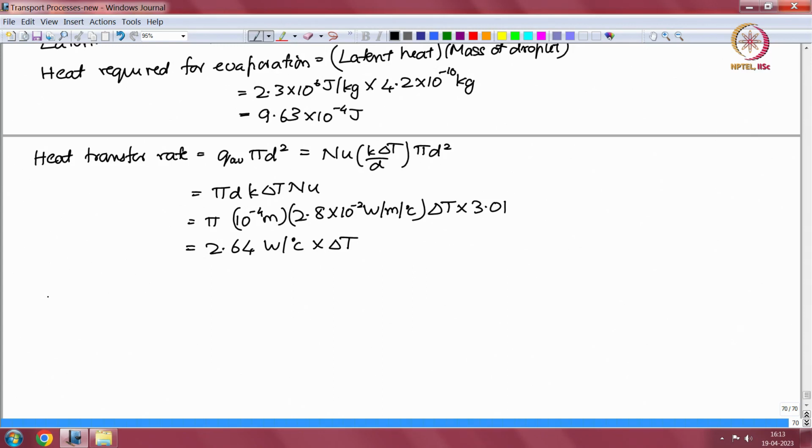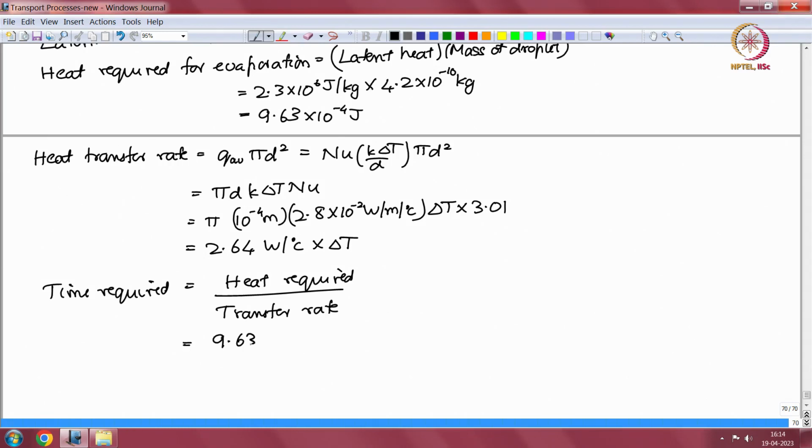Therefore, the time required is equal to the heat required divided by the transfer rate, which is 9.63 into 10 power minus 4 by 2.64 into 10 power minus 5.